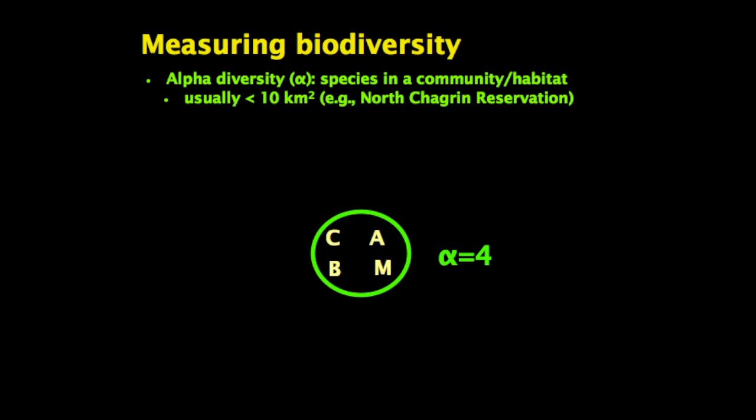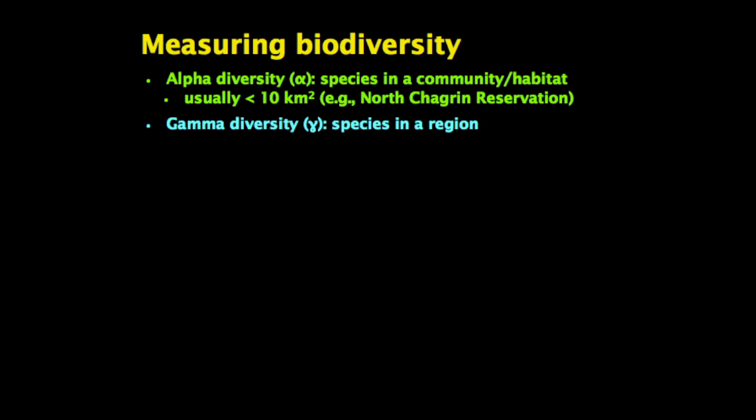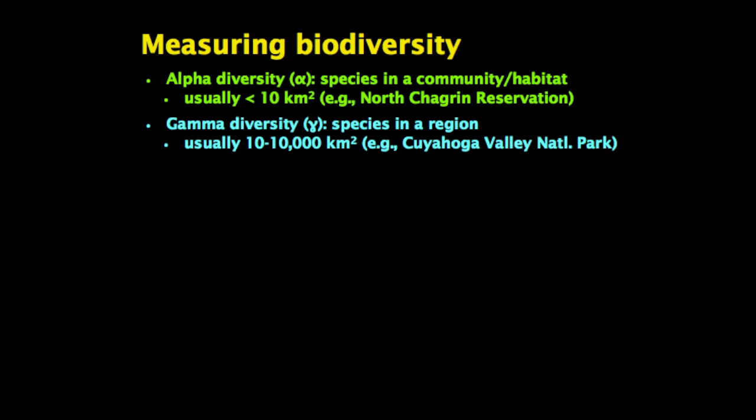That's pretty straightforward. Ecologists will also talk about gamma diversity, however. And I do know that I skipped a letter. I'll come back to that one. Gamma diversity is the number of species in a region. And this is typically between 10 and 10,000 square kilometers. For example, something on the order of Cuyahoga Valley National Park. Not a really big national park like Zion, but kind of a medium-sized one.